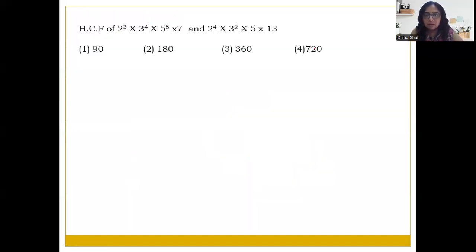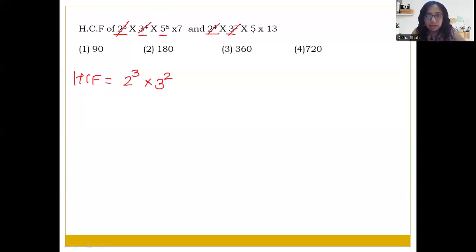Next, find the HCF of this. Now here you can see that this is 2 raised to 3 and 2 raised to 4, so we have to take the power which is less, so we will take 2 raised to 3. So the story of 2 is finished. Here it is 3 raised to 4 and 3 square, take the power which is less, 3 square.